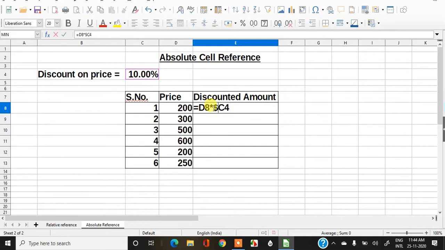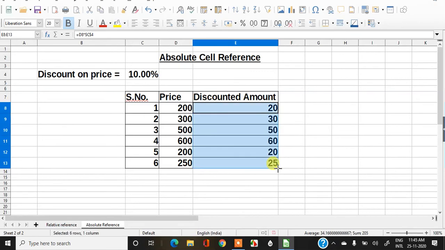I put the dollar symbol here and here also, and press the Enter key. So this is the discounted amount, meaning 10% discount on the price 200. I want the same formula on the remaining cells also. I take my cursor to the corner, the cursor changes to the autofill handle, and I drag the mouse to the remaining cells, and the discounted amount appears in the selected cells.